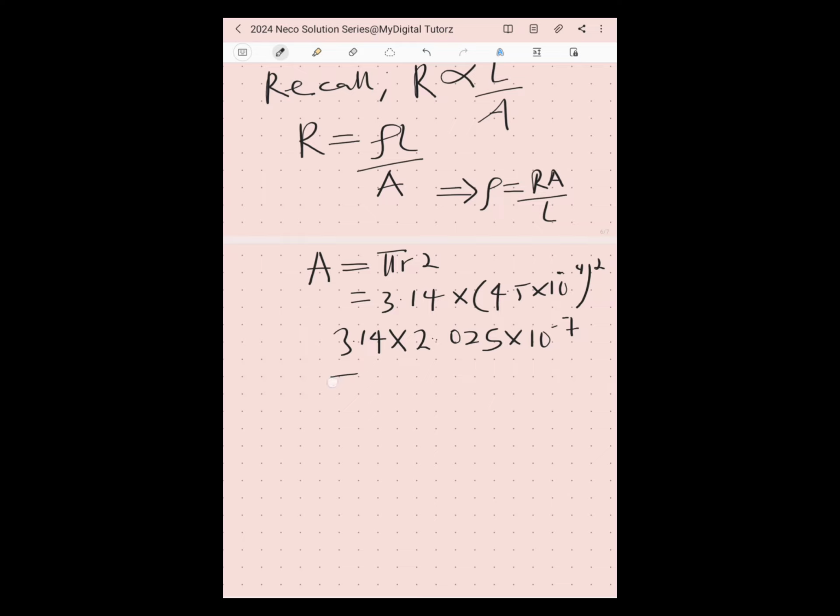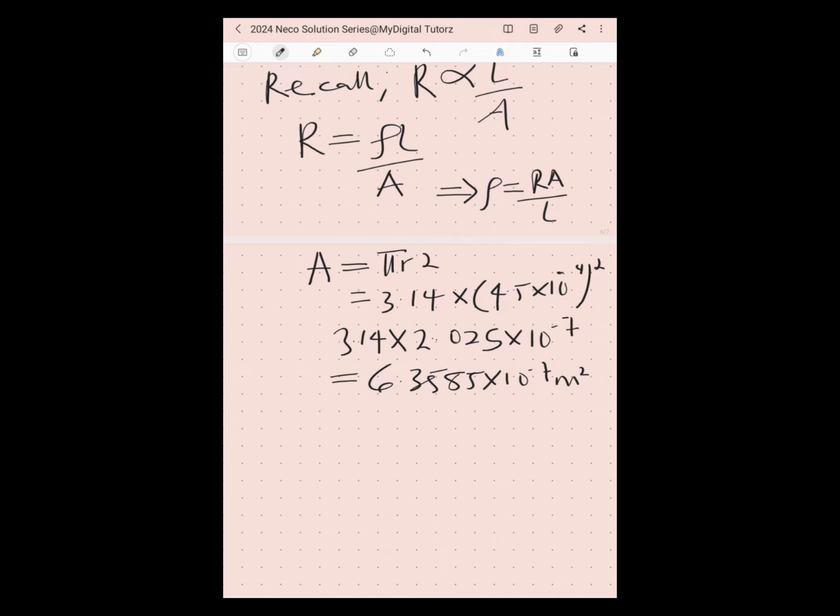Multiplying them together, we have 6.3585 times 10 raised to power minus 7 meters squared. So we have gotten our area.